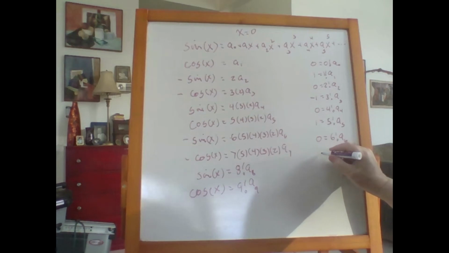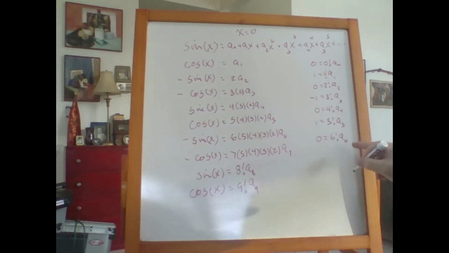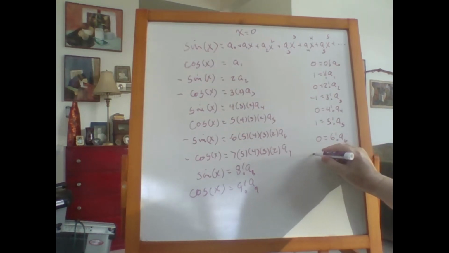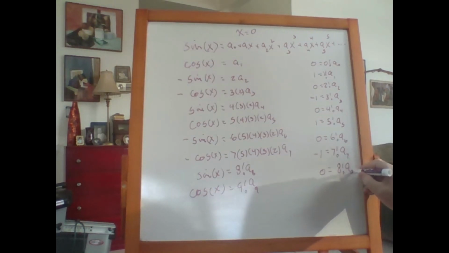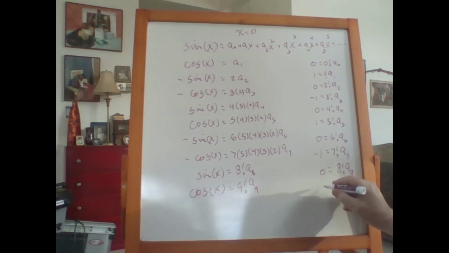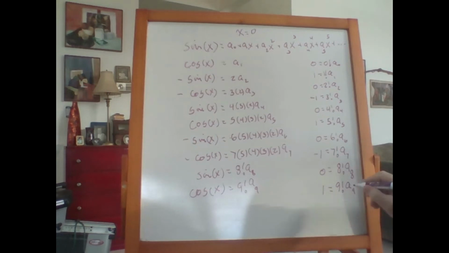So we got minus 1 equals 7 factorial a7. 0 equals 8 factorial a8. And 1 equals 9 factorial a9.